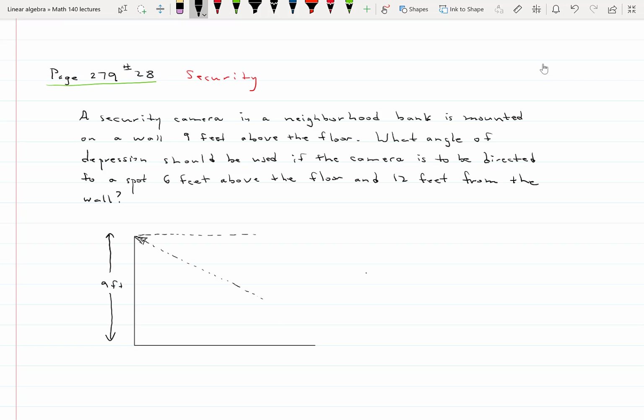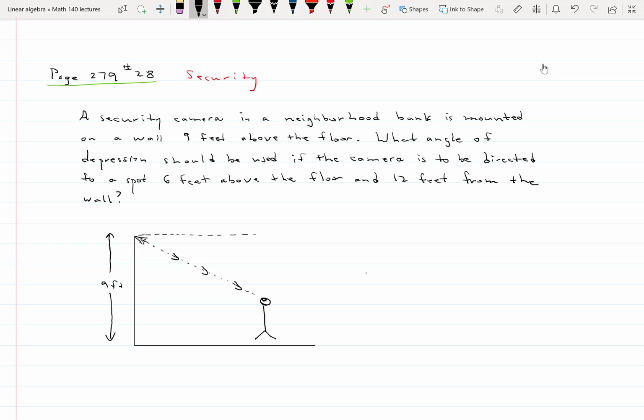What angle of depression should be used if the camera is to be directed to a spot 6 feet above the floor? We want the camera to be directed just in the direction of these little arrows, at a point 6 feet above the floor. Why would I do 6 feet above the floor?